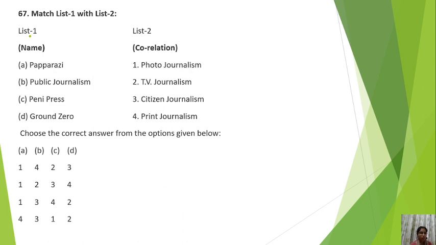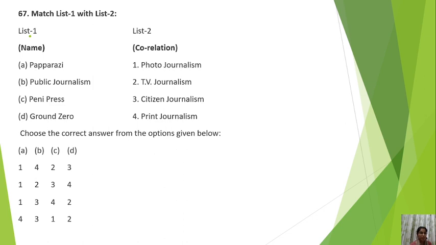So paparazzi is photojournalism. Public journalism is citizen journalism, in which citizens who are present at prominent or newsworthy places become the source of news themselves. They click the pictures, record the story or cover the story, and they themselves do the journalism.